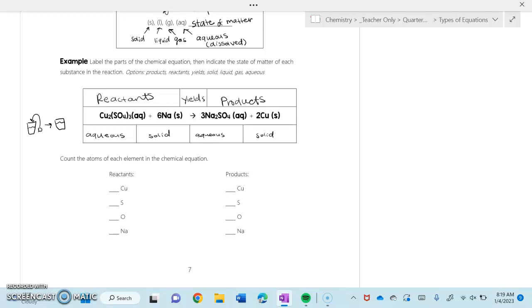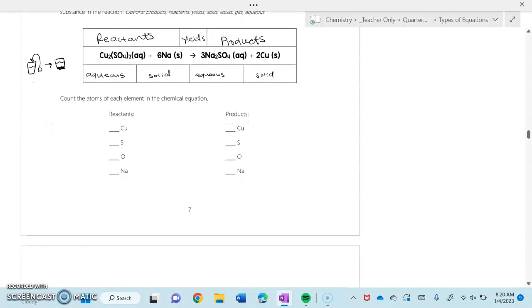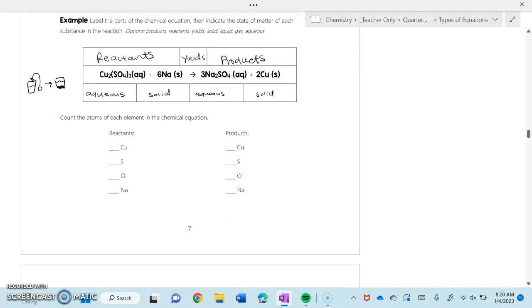Now, the solid will be in the cup because we have the reaction going on in the cup. So what we'll see is a precipitate form, and our precipitate will be the copper solid at the end. Okay, so that's what we see. This is our products: the sodium sulfate is in the liquid, and then the copper is collecting on the bottom. So there's our reaction of what it might actually look like if we were to observe it.